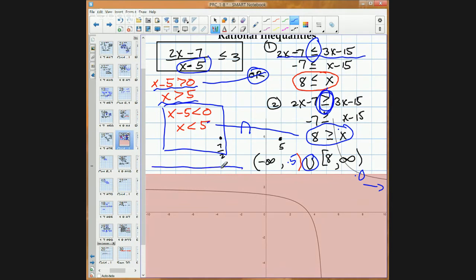We have a graph here, and let's say this is 5, 6, 7, and let's say this is 8. Okay, where's less than or equal to 8? That looks like this. And where's less than 5? That looks like this. And where do they overlap?